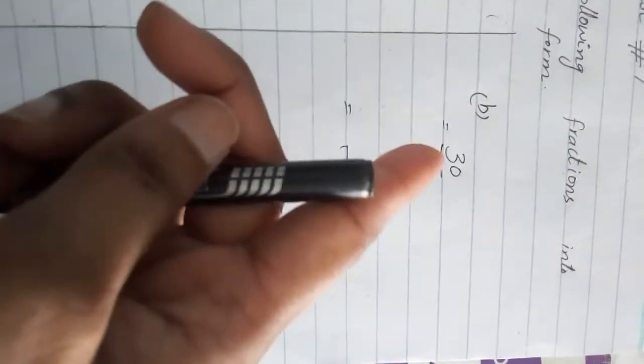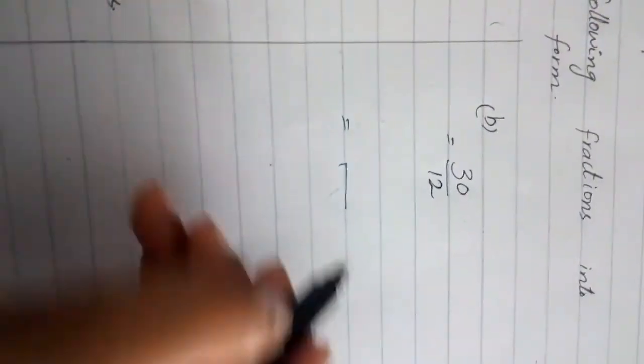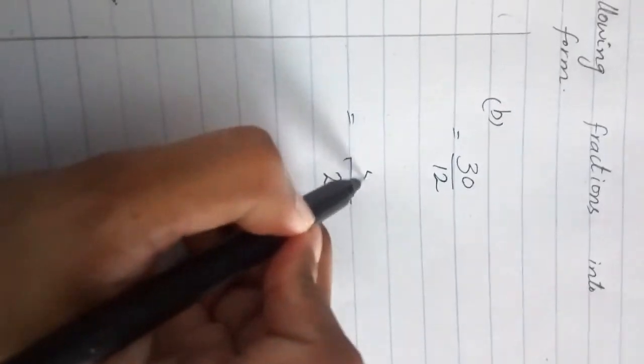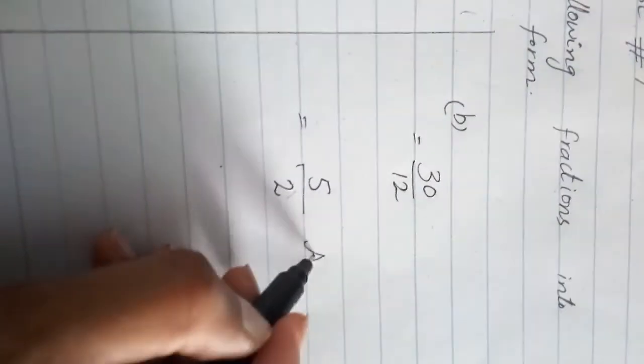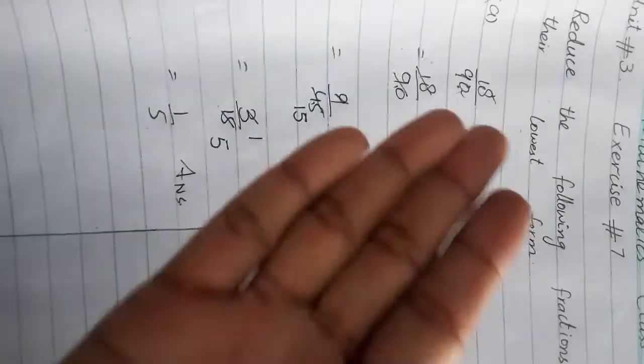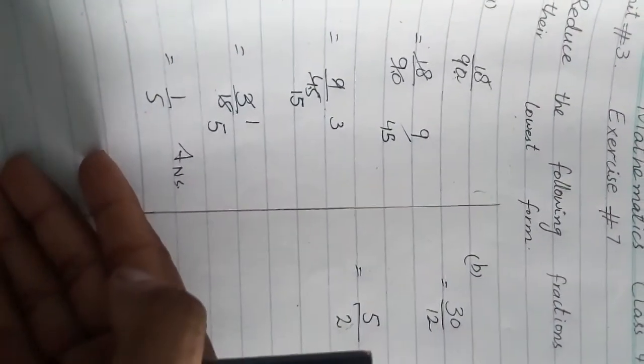If we start with 2, it will take more steps. If we start with 6, it can easily be divided. 6 2s are 12, and 6 5s are 30. So 5 over 2 is the answer. In this way you can do the reduced form shortly, or you can take the longer way. Okay.